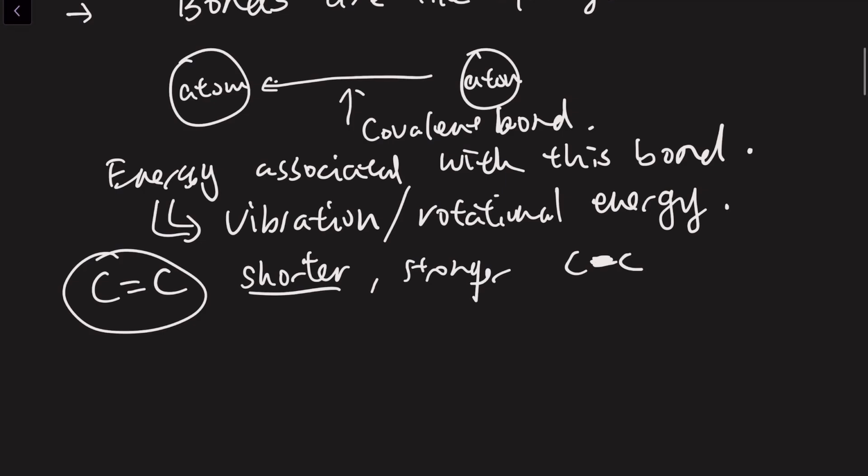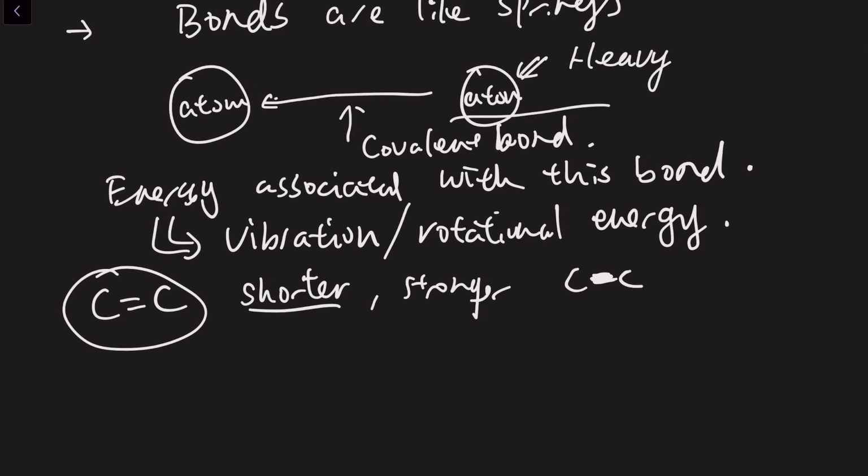Also, if the atom here is very heavy, then the bond will vibrate slowly, so it has a lower energy, because when something is very heavy, it's very difficult for it to vibrate. So it will absorb light with a lower wave number, so a lower frequency, which means lower energy.